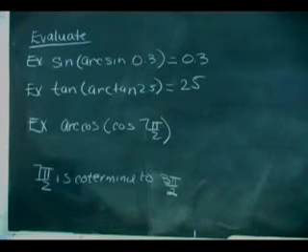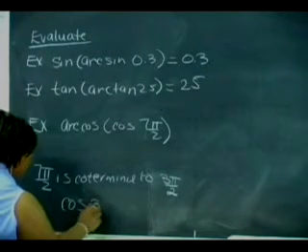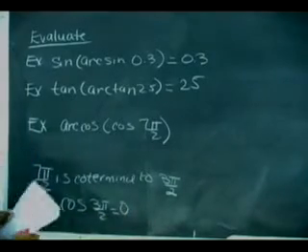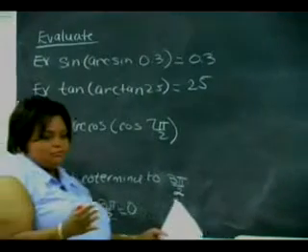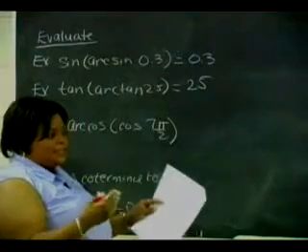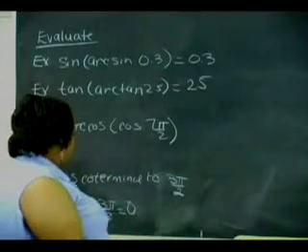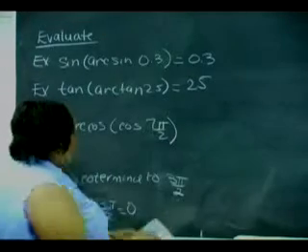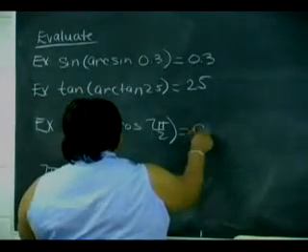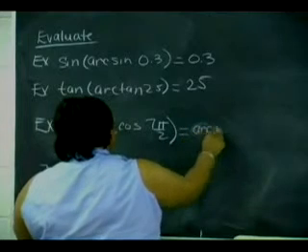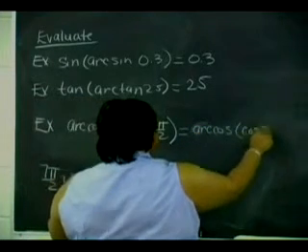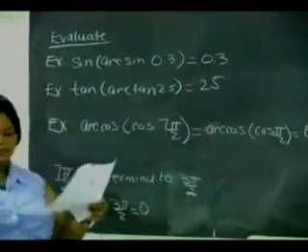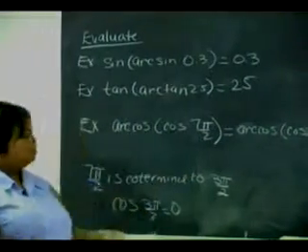But nevertheless, cosine of 3 pi over 2 equals what? 0. So I need to find an angle in that range between 0 and pi that has cosine value 0. Do I know what that angle is? Pi over 2. So this is the same thing as saying arc cosine pi over 2, which is what? 0.